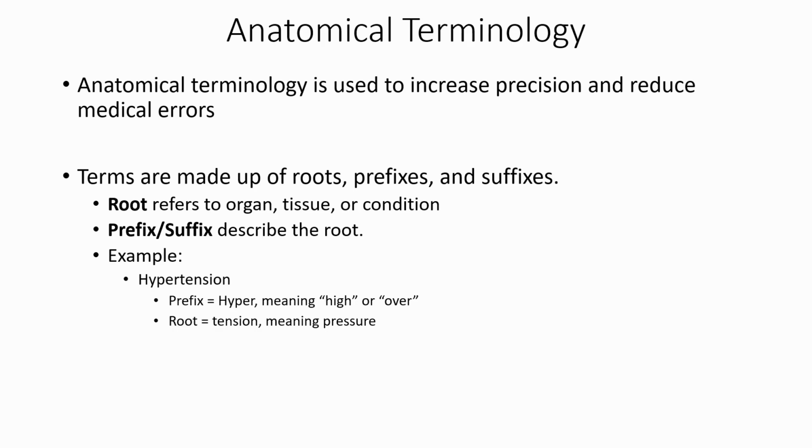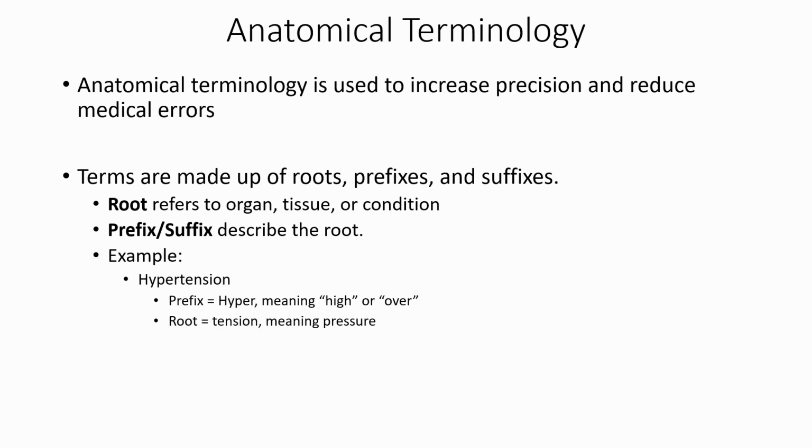The prefix is hyper. If someone's hyper, they're go, go, go. So in a more specific way, we can describe hyper as high or over. So hypertension, high pressure. In this case, we're talking blood pressure. So we could also have hypotension, where blood pressure is too low, hypo meaning below or under or low.